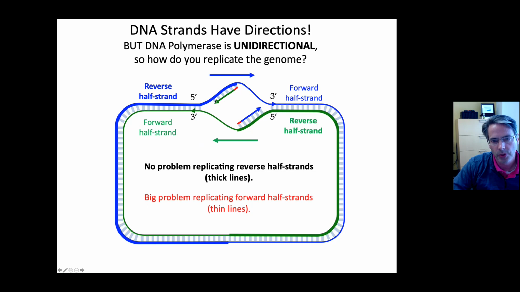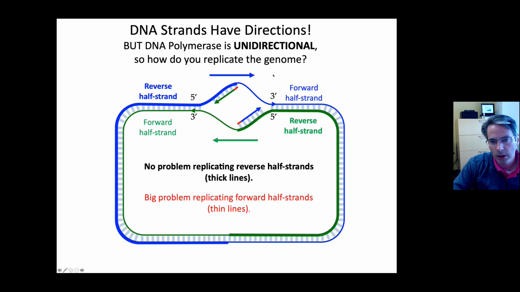So we call that the reverse strand. It's sort of building it backward. And then on the other strand, it's going the other direction, because DNA polymerase, again, is unidirectional. So the reverse half strand is double-stranded almost all the time, because this process of DNA polymerase replicating goes really quickly in that direction.